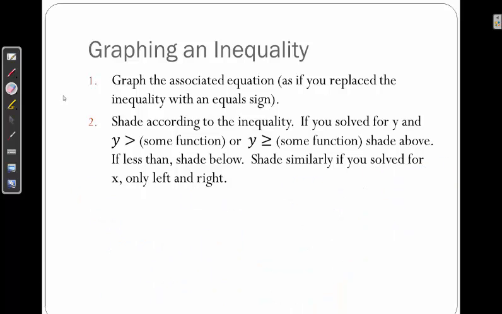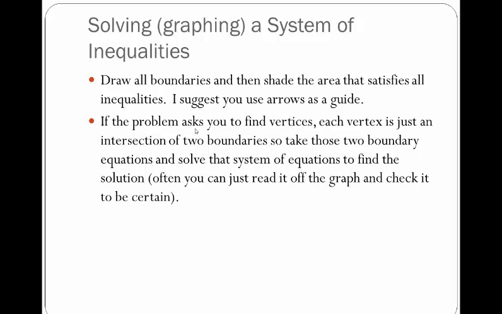Alright, now let's talk about systems of inequalities. If you have a system of inequalities, that would be several of these inequalities you're considering at the same time. You want to draw all boundaries and then shade the area that satisfies all inequalities. I do suggest you use arrows as a help for that, but it's kind of up to you.